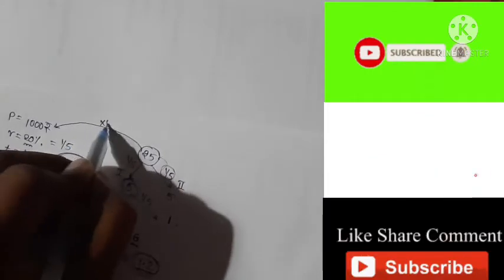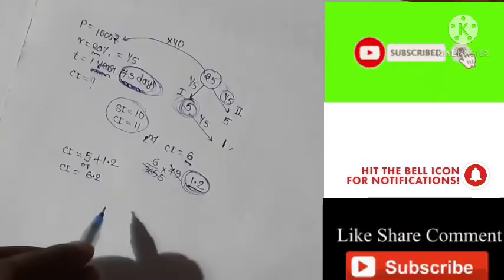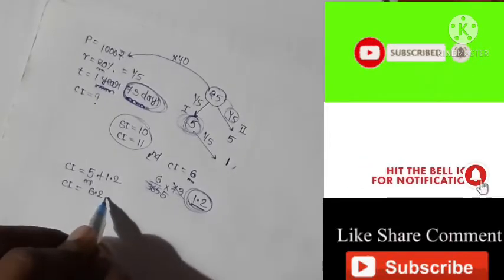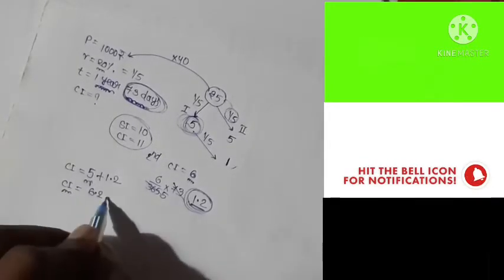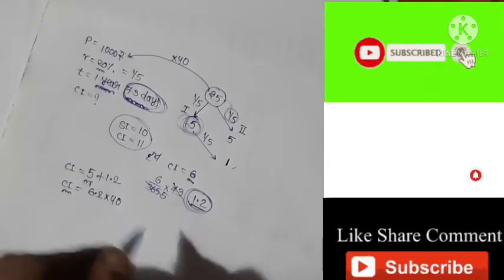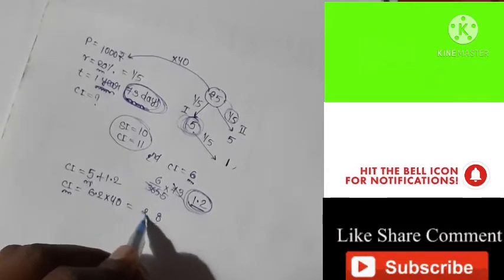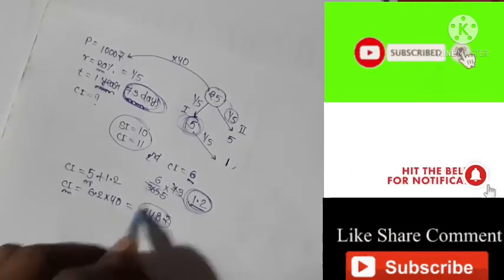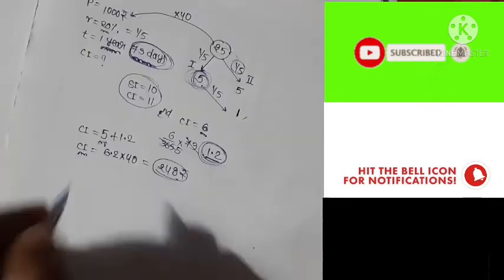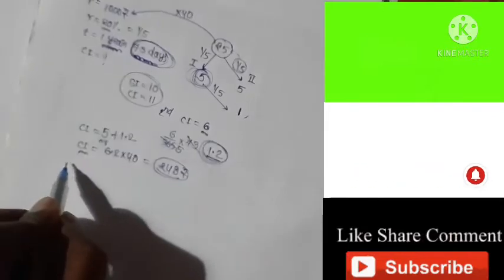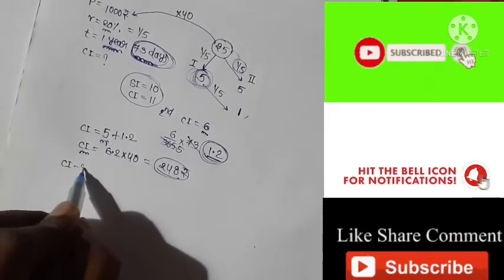So 1000 by 25, so 1 unit represents 40. So compound interest is equal to 6.2 into 40. So 248 rupees.